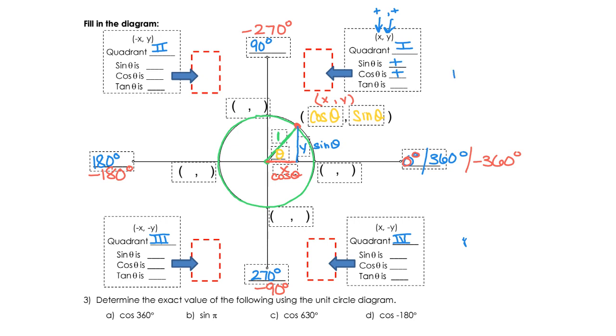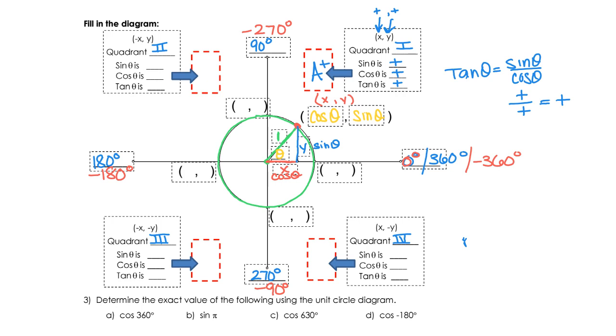And also remember that tangent theta is equal to sine theta over cosine theta, and a positive over a positive equals a positive, so tangent theta will be positive. And so we come up with all trig functions are positive.